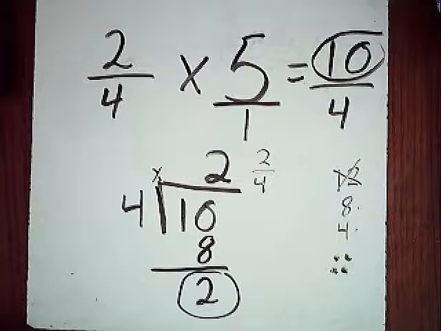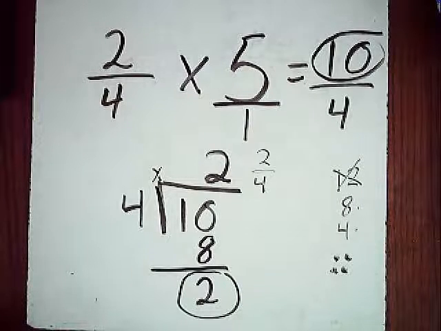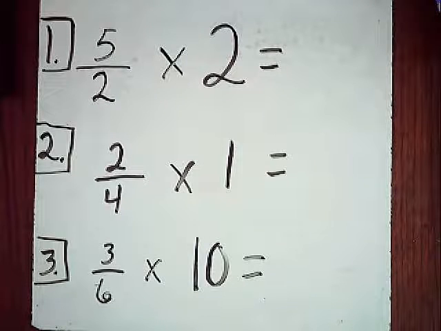So I'm going to now write 3 different problems on the board, and I would like for you to try to solve them using the standard method. And then after a few moments, we will go over them and see if you understood the process. All right, so I now have 3 examples written on the board for you to try and work on your own. Number 1 is 5 halves times 2.